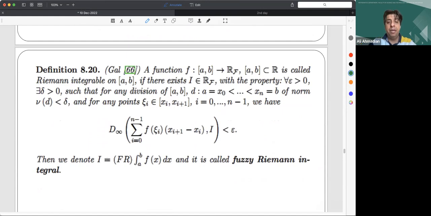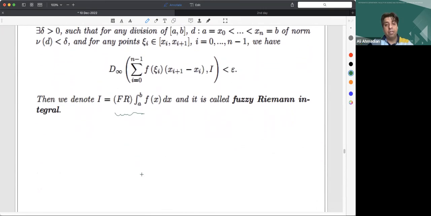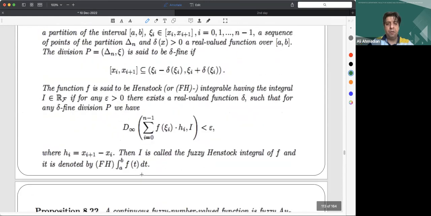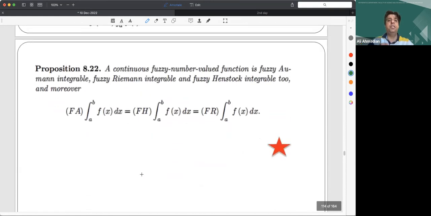We usually show it by this notation, considering some conditions for the fuzzy Riemann integral. The Henstock integral is not important. This proposition is important: maybe in the textbook you can see the concepts of the Aumann integral, Riemann integral, and Henstock integral.